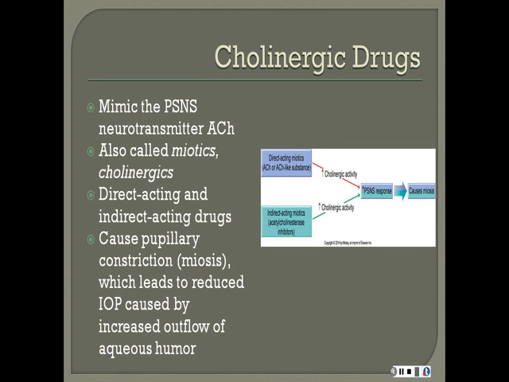They cause pupillary constriction, or miosis, which leads to a reduced intraocular pressure caused by the increased flow of the aqueous humor. The direct-acting miotics directly stimulate the ocular cholinergic receptors and mimic the acetylcholine, and then the indirect-acting work by binding and inactivating the enzymes that break down the acetylcholine.